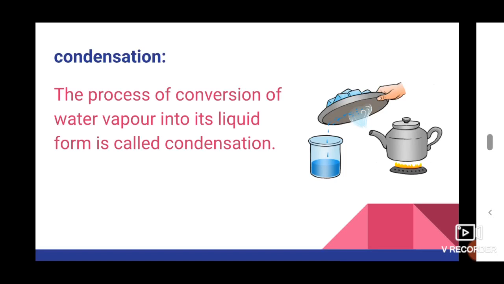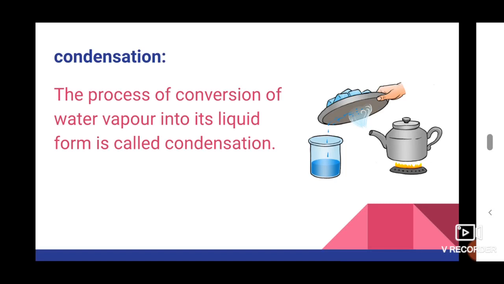Near this, you keep a metal plate with some ice cubes on it. Hold this plate above the spout. Observe what happens. All the water vapor is converted again into liquid. So, the vapor is converted into liquid by the process of condensation.